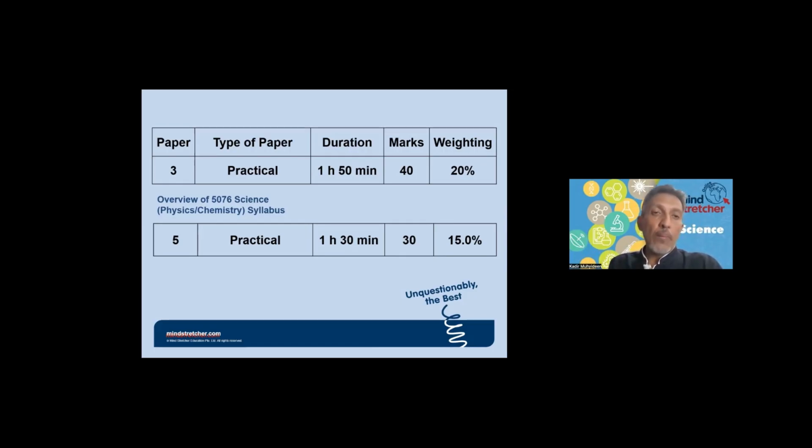For combined science students, your practical is 1 hour 30 minutes, and it contributes 15% of your score. The marks for that are 30.